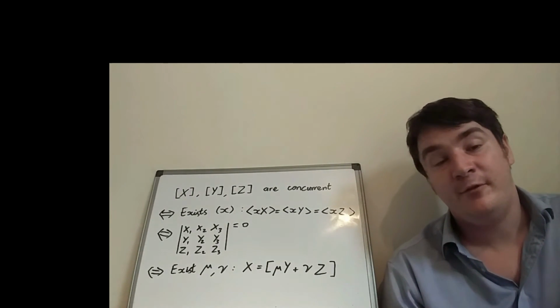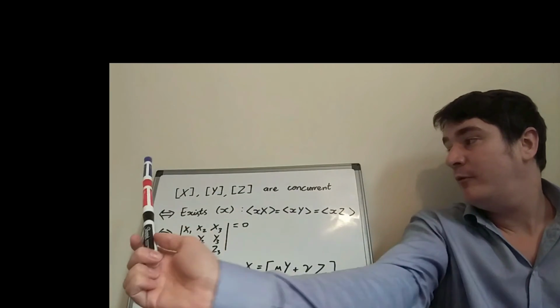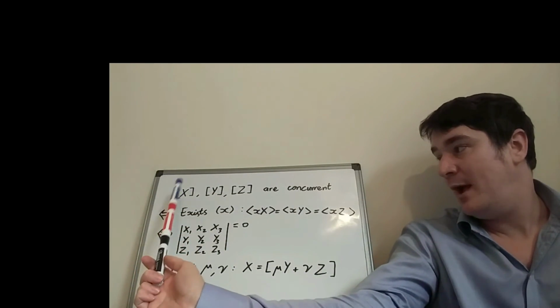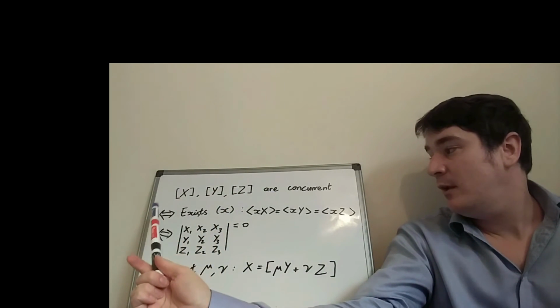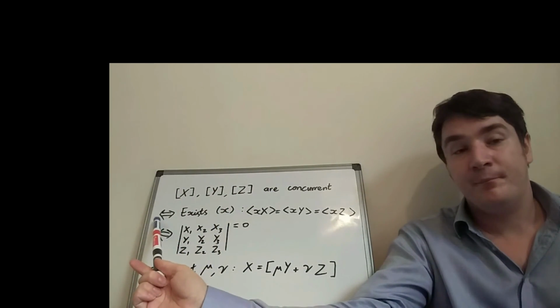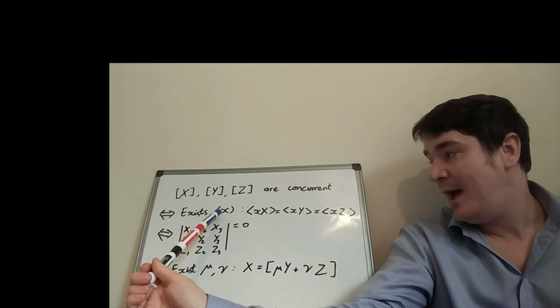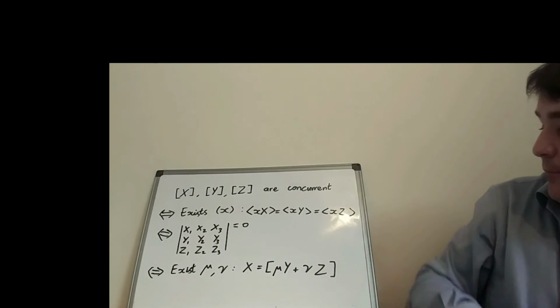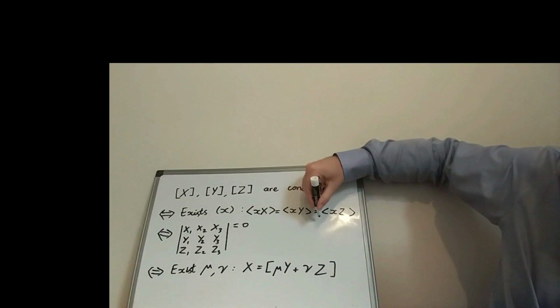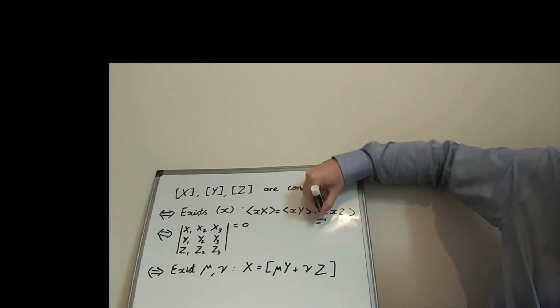So if we have distinct lines with homogeneous coordinates capital X, capital Y and capital Z, then they're going to be concurrent if and only if there exists a point X which lies upon them all at the same time. So all of these products here are all equal to 0.